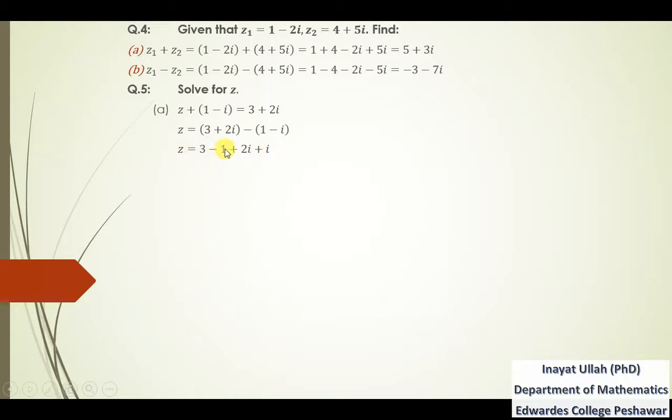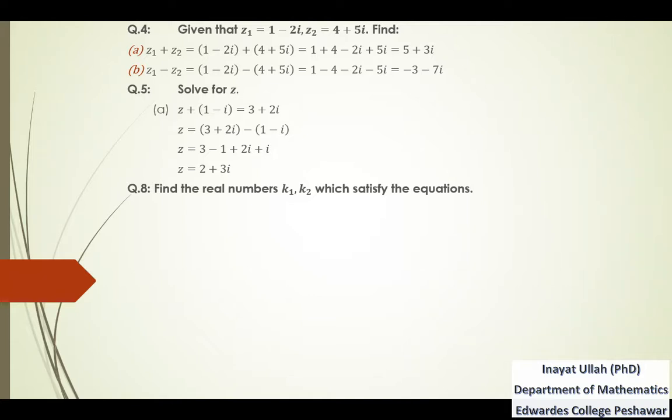So 3 minus 1 is 2, 2 iota plus iota is 3 iota, so z is equal to 2 plus 3 iota is the solution for this complex equation. So that is question number 5. A very simple question.